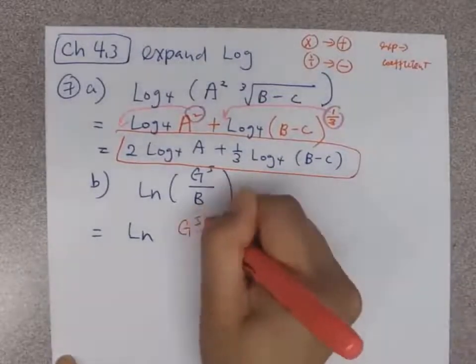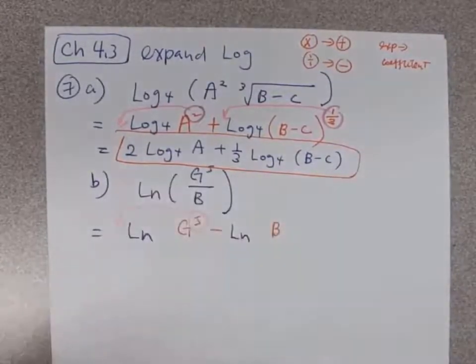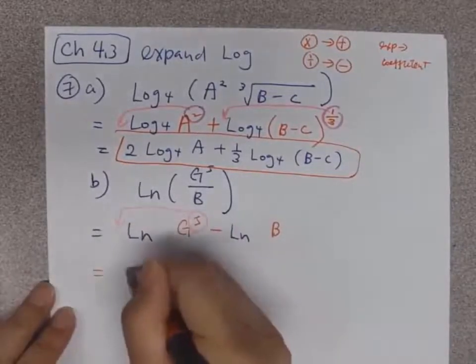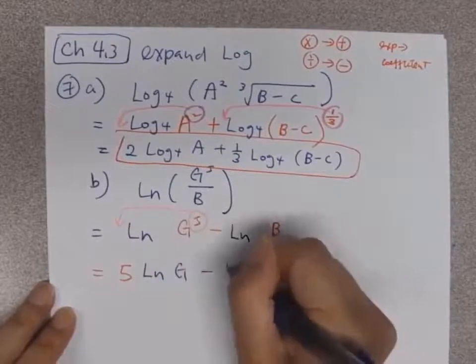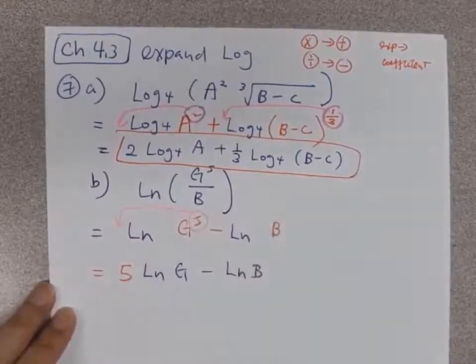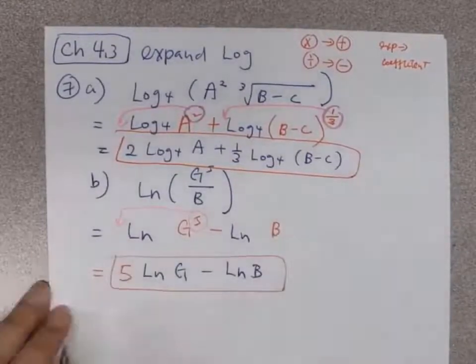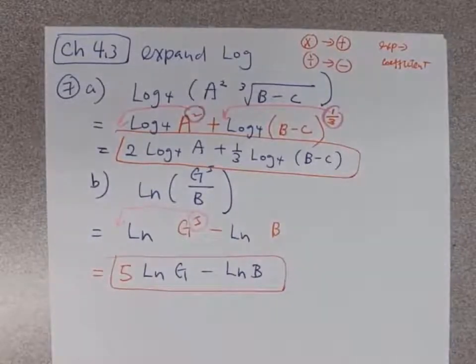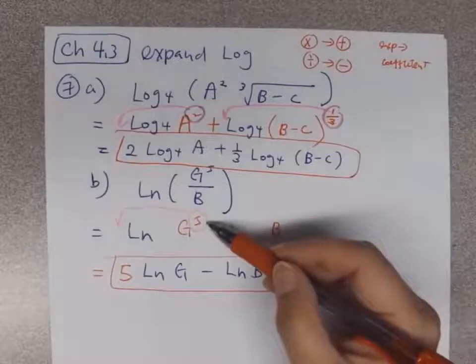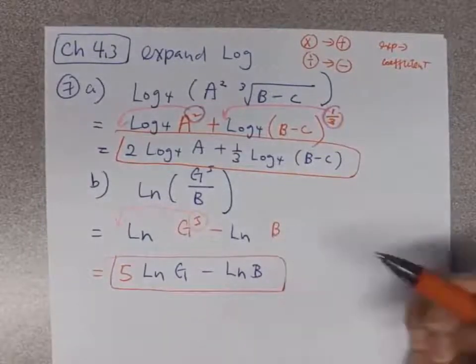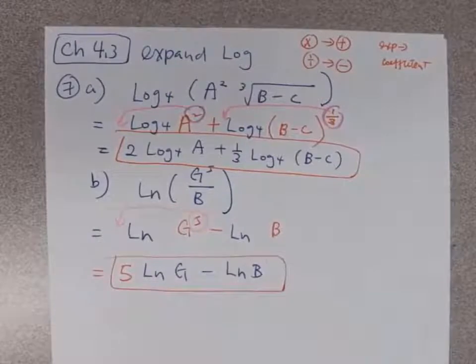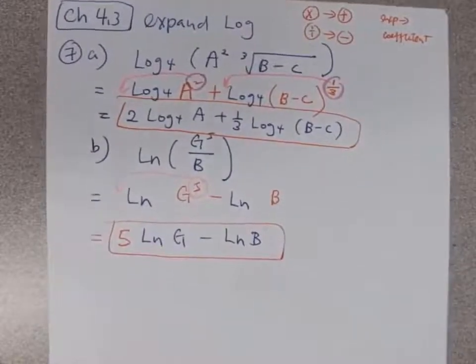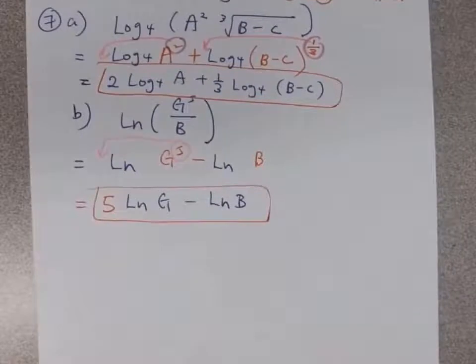Move the exponent to the very front here. So you're going to have 5 ln of g subtracting ln of b. Are we okay with that? Expanding? No, it's only the exponent. Okay, so the exponent here is 1. So even if you move it, it's still going to look the same. Other questions? So those are for the expanding part for 4.3.